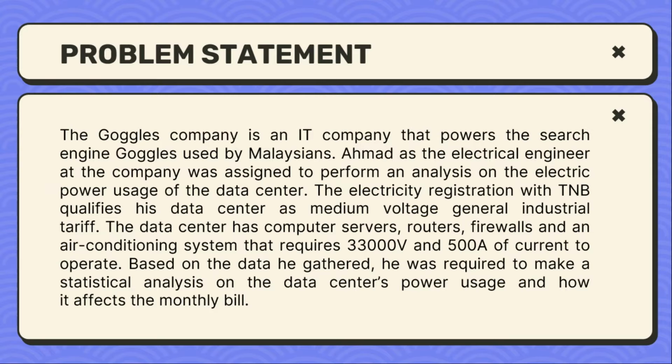The data center has computer servers, routers, firewalls, and an air conditioning system that requires 33,000 volts and 500 ampere of current to operate. Based on the data he gathered, he was required to make a statistical analysis on the data center's power usage and how it affects the monthly bill.